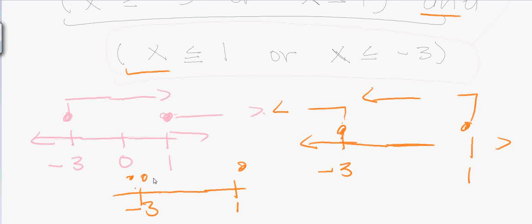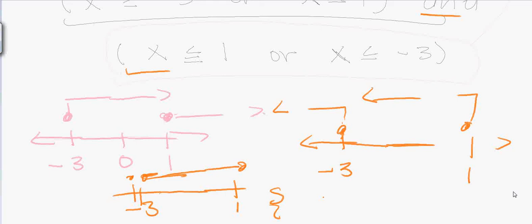They're both closed circles, by the way. So your solution set would be x such that negative 3 is less than or equal to x, less than or equal to 1.